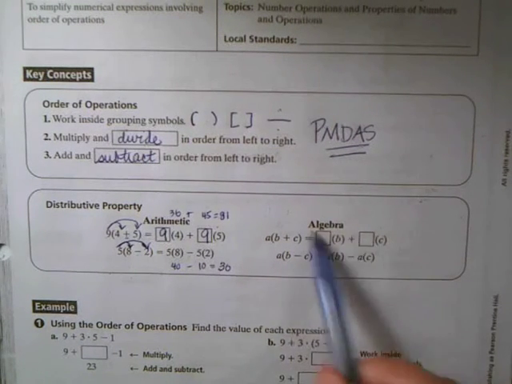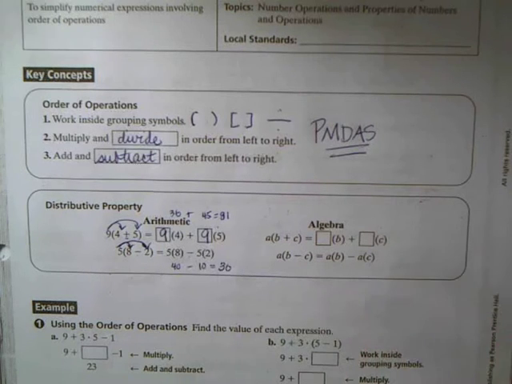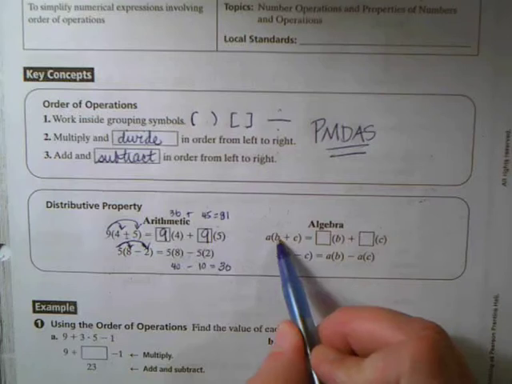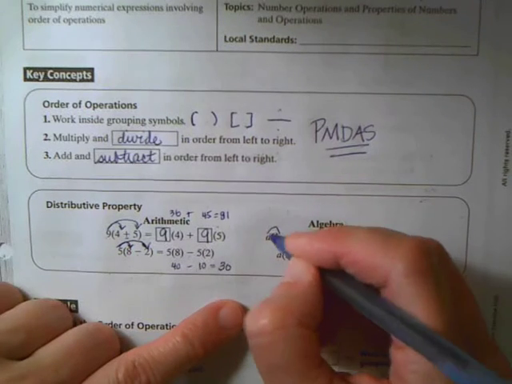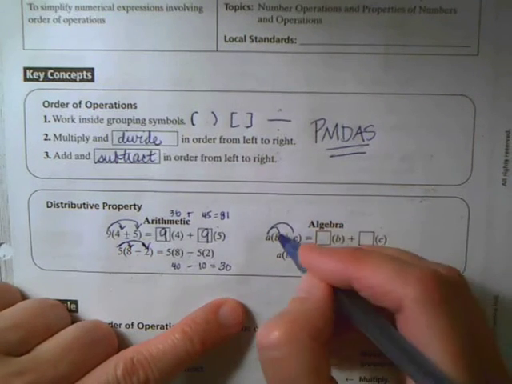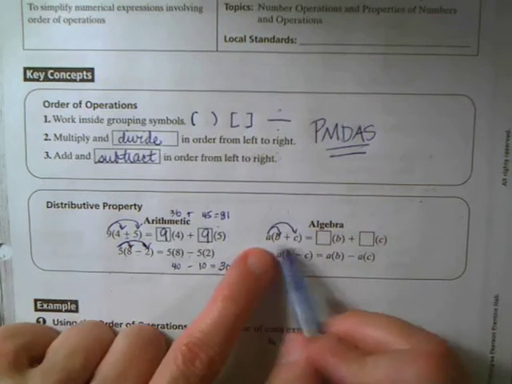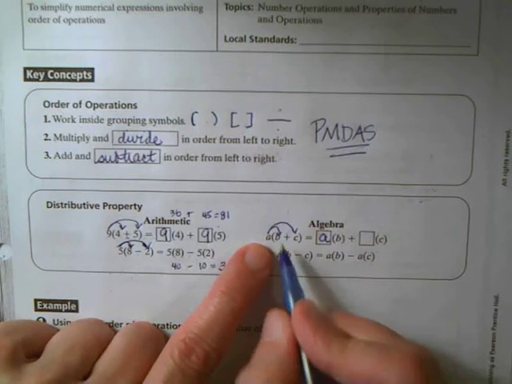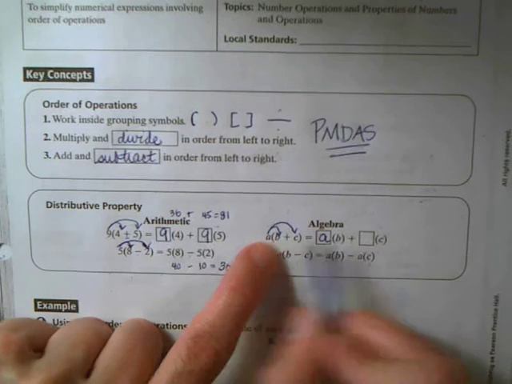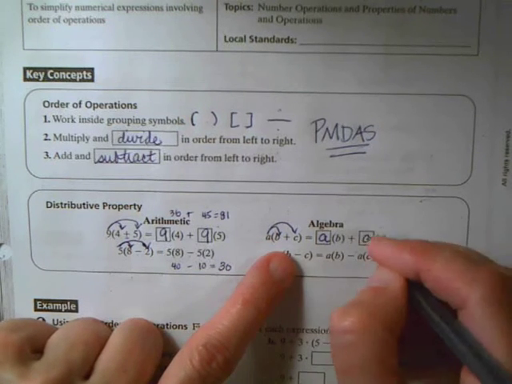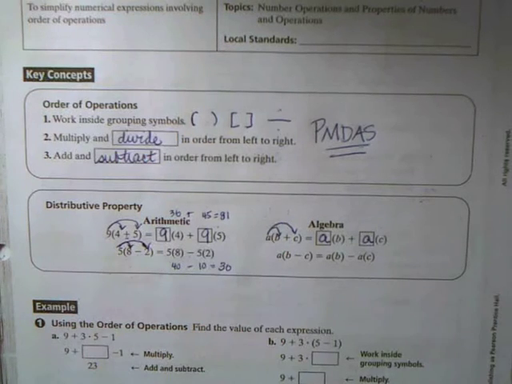Now, here is algebra. Algebra, remember, is math, but we use more variables in it. So if I say A times the quantity B plus C, I can take A and multiply it by each term here. So A times B, when I distribute, plus A times C. Okay, I can't simplify any further and double check because I have no numbers to help me double check this time.